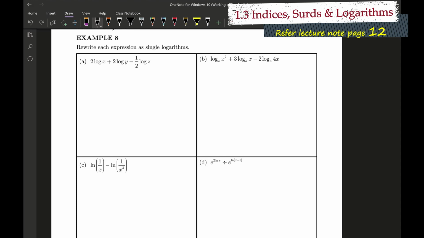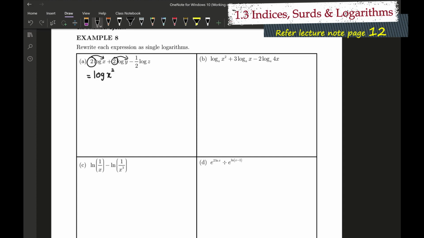Now what can we see here? We have number 2 in front of the log. Whatever number comes in front of the log actually comes from the power. So we try to do it first, one step, one by one.